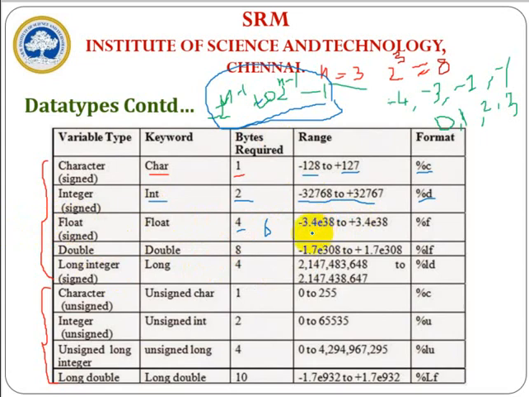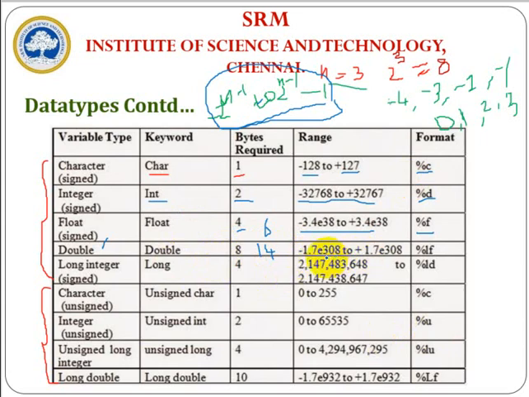Okay, and this is the range of the float, and percentage %f is the specifier you need to utilize. When we go for the double, it's the extended version of the float, and the double data type can hold twice that of the float data type, so the precision for the double is going to be 14. Okay, so after the decimal you can hold 14 digits.